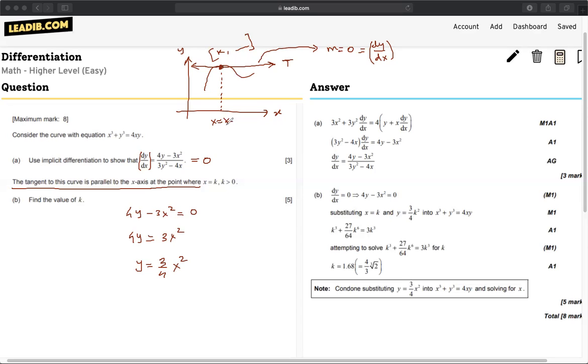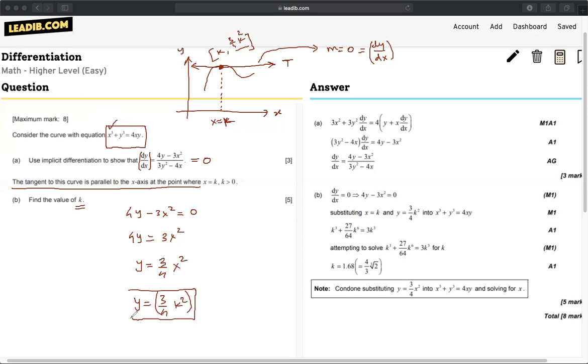And in that case, your x is k, right? So I can write y is equal to 3 by 4 k square. That's the value of y. So at this point, the value of y is going to be 3 by 4 k square. Now we want to find the value of k. So we can use the equation of the curve over here. We know x is k and we know the y value is 3 by 4 k square.